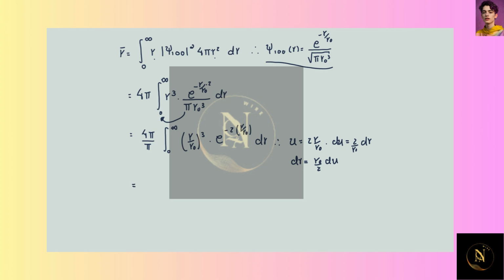Then the integral is 4 times the integral from, when r is equal to infinity, u is also equal to infinity. r divided by r0 cubed is nothing else than u divided by 2 cubed times e to minus 2 times r over r0, which is just u. Now we have dr, which is r0 divided by 2 du.